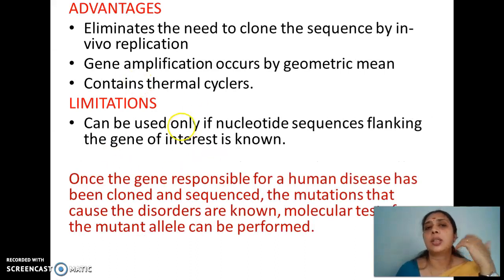Now, what are the advantages? It eliminates the need to clone the sequences by in vivo replication. Again, it happens in a geometric fashion. Thermal cyclers are used. We know that most enzymes are proteins, so when the temperature is elevated, these enzymes can get denatured.